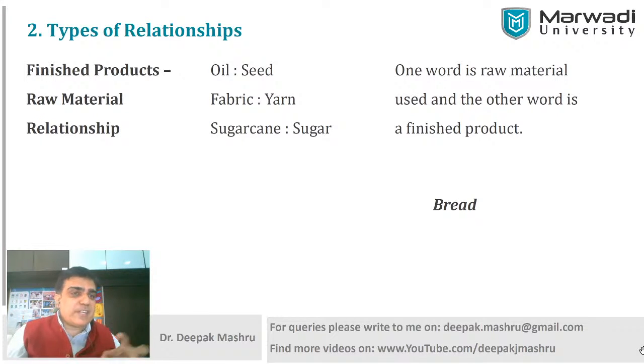Next one is the finished products and raw material. That means one word talks about a finished product, the other word talks about the material, right? It can be vice versa in a way. For example, oil, right? Seed. So oil is made of seed, fabric is made of yarn, right?